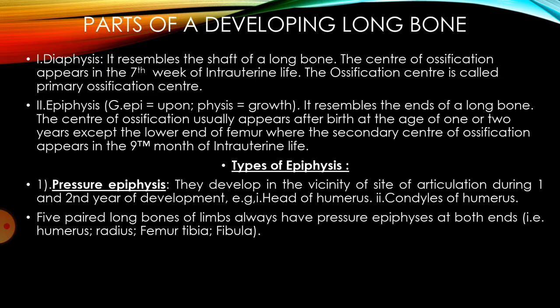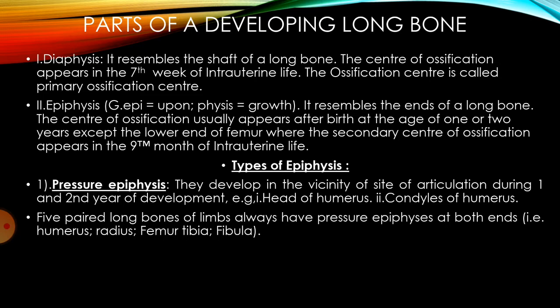So except the lower end of the femur, where the secondary ossification center appears in the 9th month of intrauterine life, all other secondary ossification centers will appear after birth. Types of epiphysis.